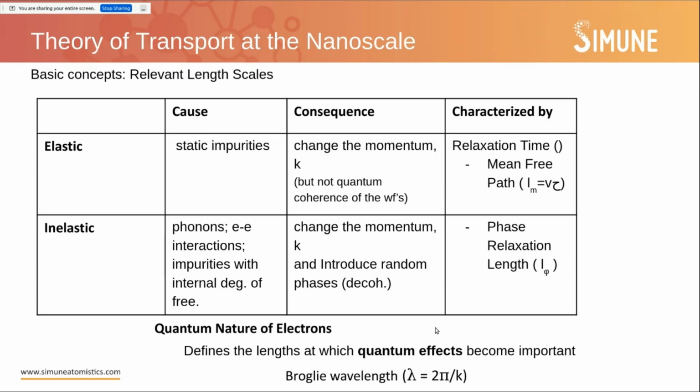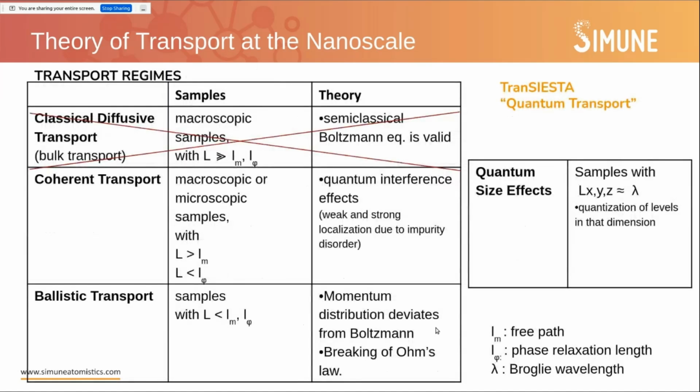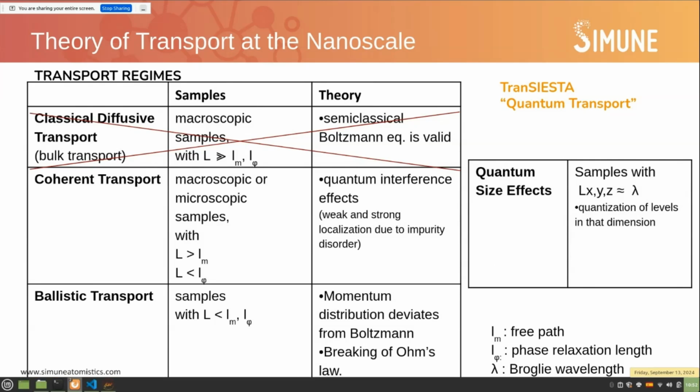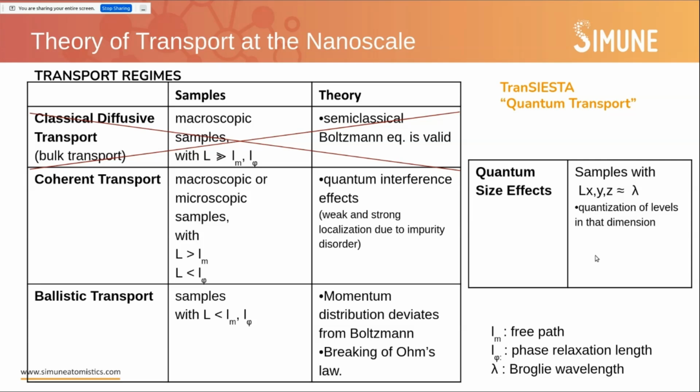And when we are talking about quantum confinement effects, it's important to take into account the de Broglie wavelength. So there are different transport regimes, depending on how the size of the device compares with these lengths. In classical diffusive transport, we're talking about macroscopic samples with length that is greater than the mean free path and phase relaxation length.